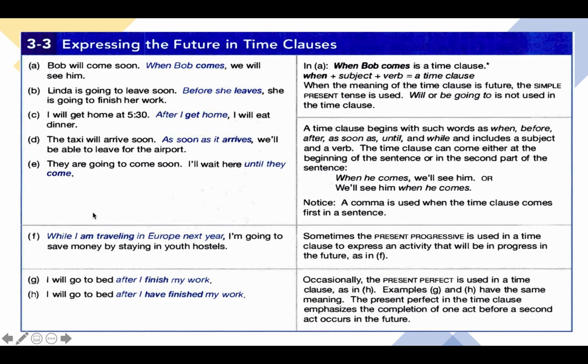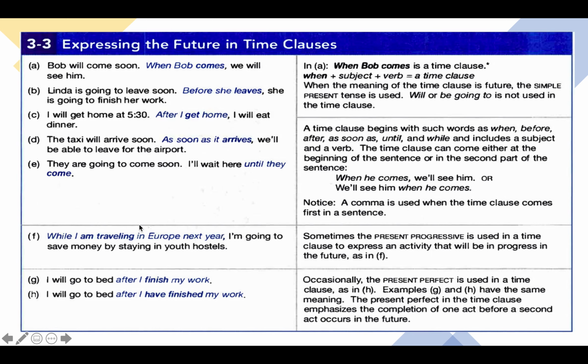So we have an action that's going to be long in the future, next year. Traveling, okay? So normally we should use future continuous, while I will be traveling. But the rule says that we can't use future in a time clause. Instead of that, the most appropriate tense we can use is present continuous, because it is a long action again, while I am traveling in Europe next year, okay? Sometimes the present progressive is used in a time clause to express an activity that will be in progress or long in the future, okay?